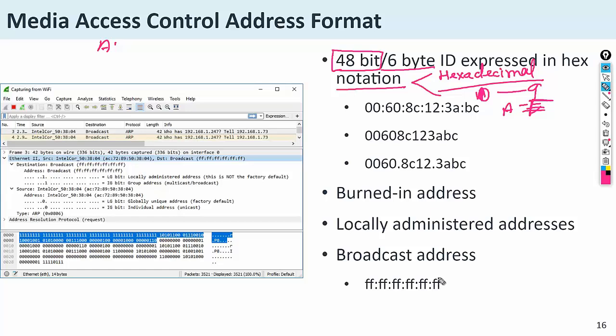That is the reason the broadcast address is all F. How can you check? I have already shown you how to capture the data and then check the hardware addresses, the MAC address of the source and the MAC address of the destination. The destination is actually the broadcast message, and that is the reason there is only F.